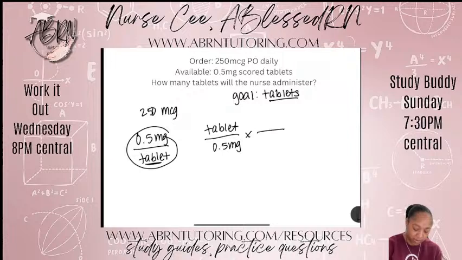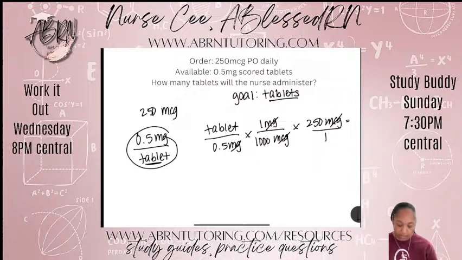I don't have a milligram piece, so I'm going to do my 1 milligram is 1,000 micrograms. Boom, boom. And then I'll put my 250 mics on the top. There we go. Everything has crossed out except for what we're looking for. So 250 divided by 0.5 divided by 1,000. It's going to be 0.5 tablets.